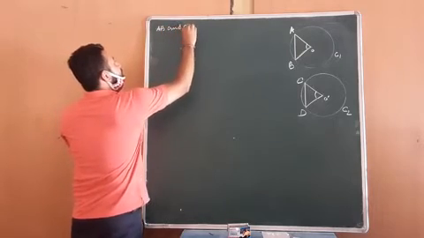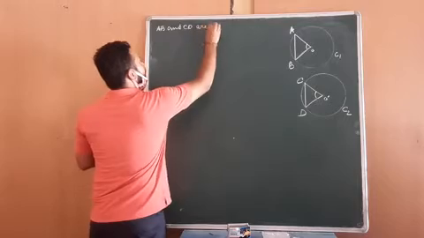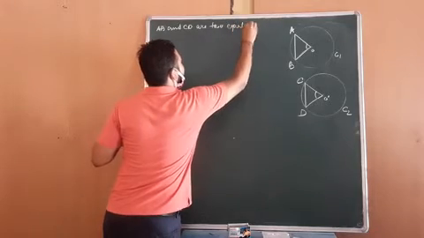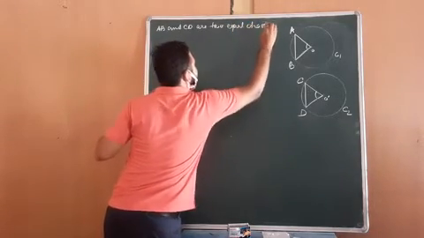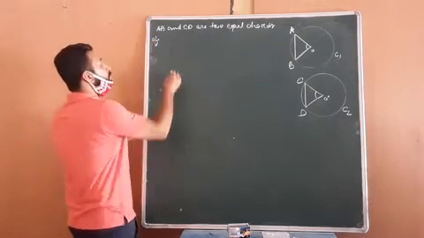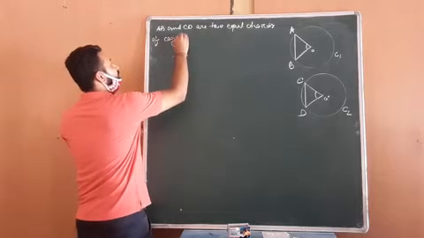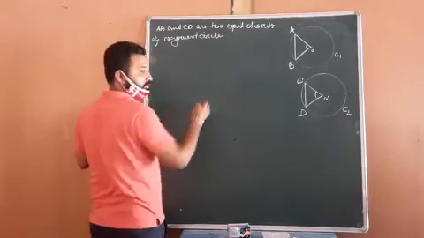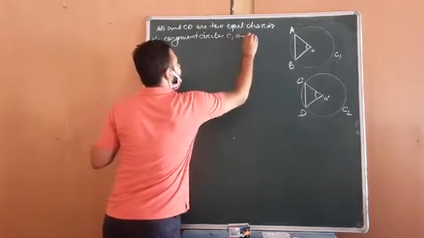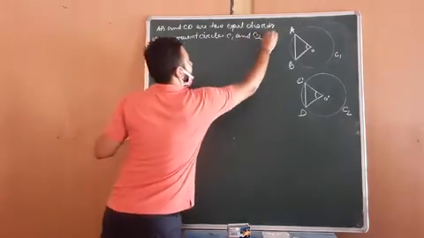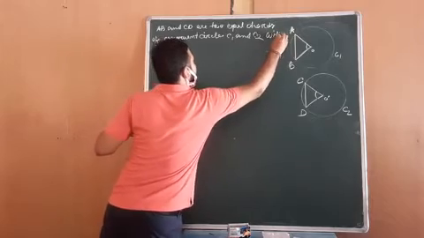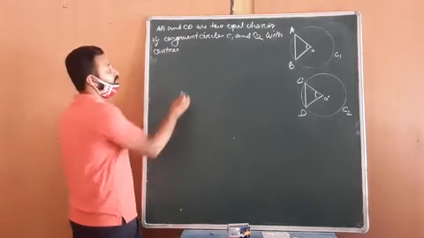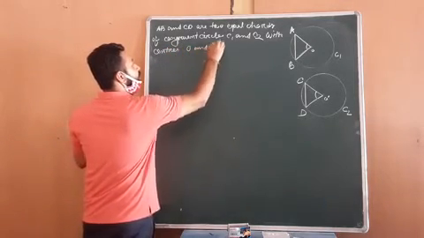AB and CD are two equal chords of congruent circles C1 and C2 with centers O and O dash.